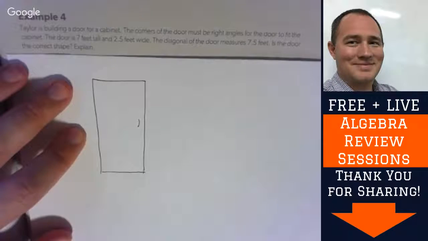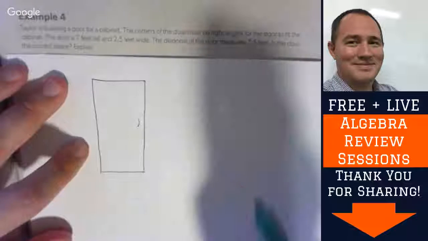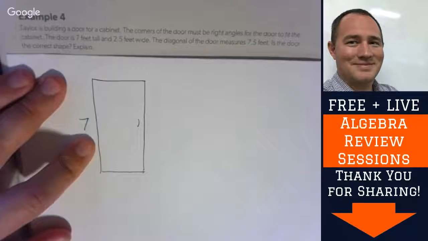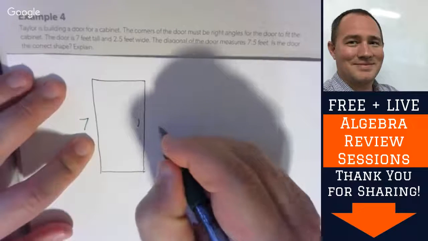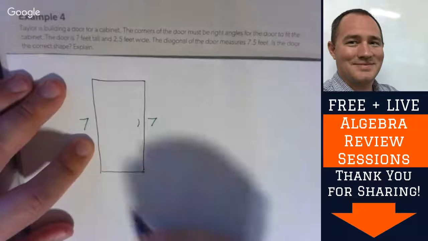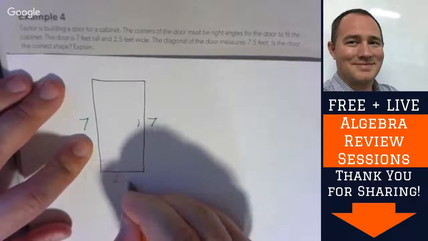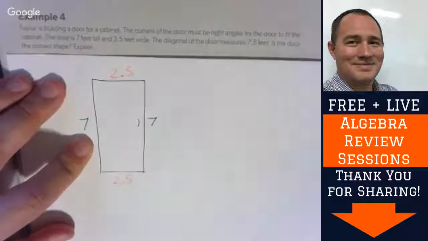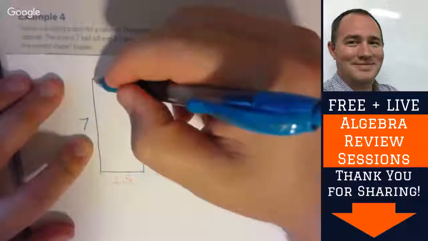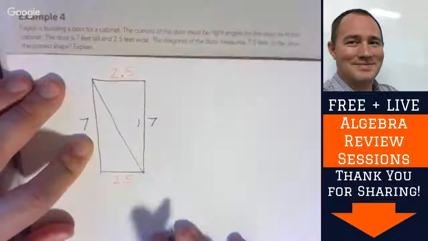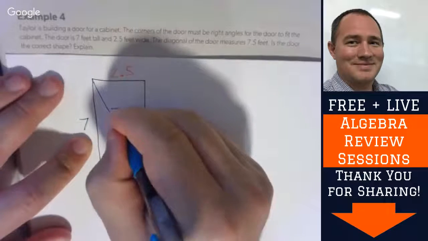It is 7 feet tall. And just for fun, let me go ahead and label this side as well. That's also 7 feet. They're telling us it's 2.5 feet wide. And the diagonal, from one corner to the opposite corner, is 7.5.